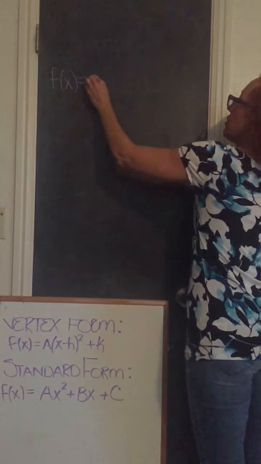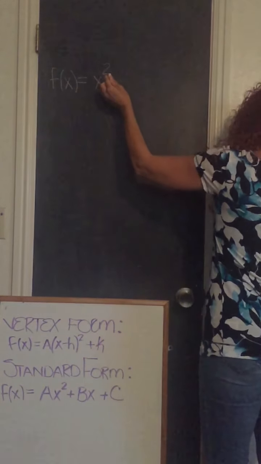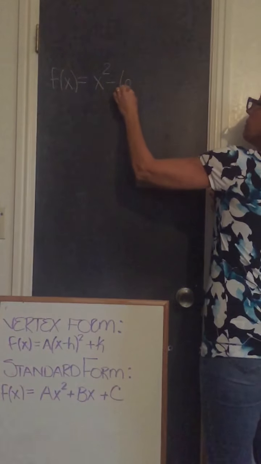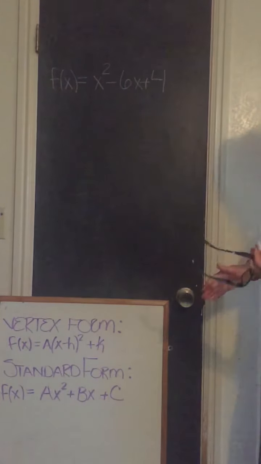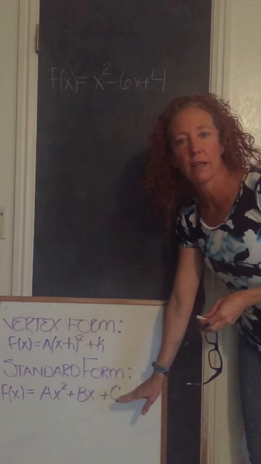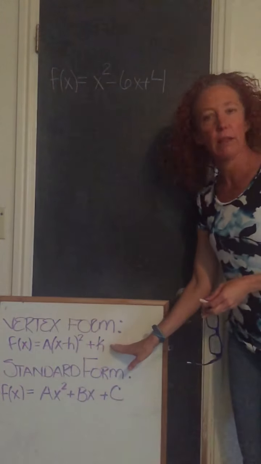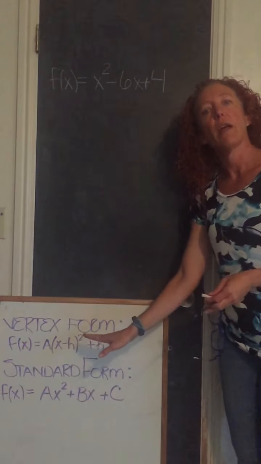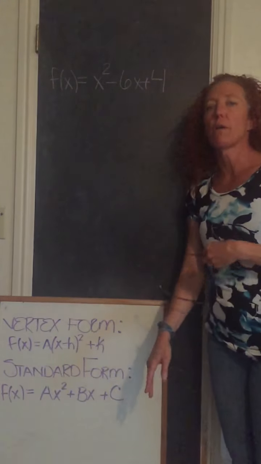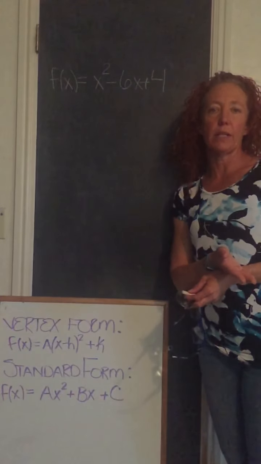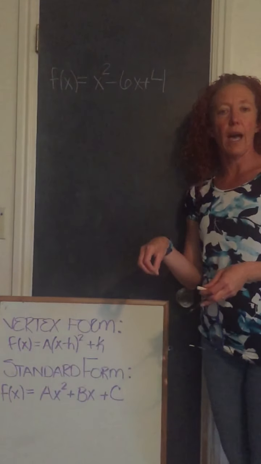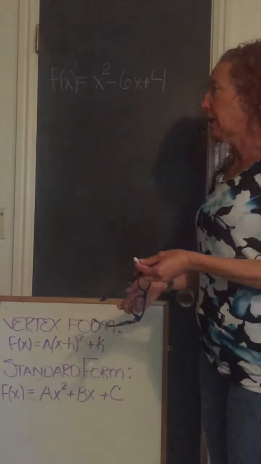Our first example looks like this. Notice our goal is to change it from looking like this to looking like something that we can graph. Once it's in vertex form, you are going to refer back to all the stuff we learned in 11.6, finding the vertex and the axis of symmetry, to graph.